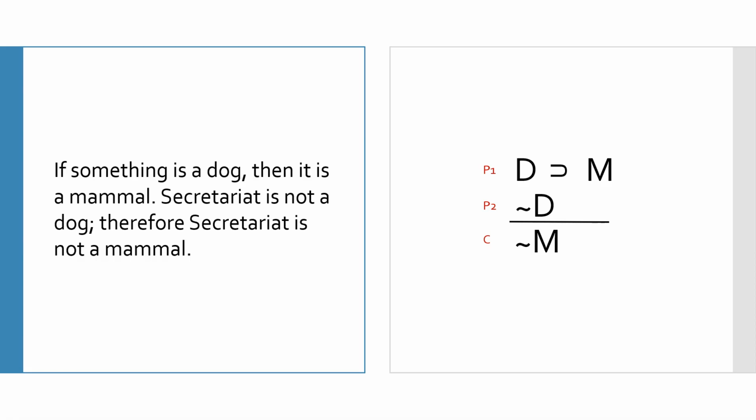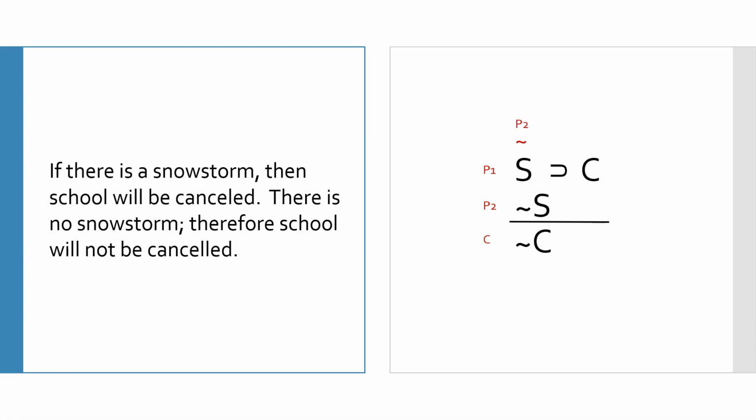Mammal is a much larger category, and it includes things like human beings, cats, horses, and so on. And so just proving it's not a dog is insufficient to show us logically and necessarily that it couldn't also be a mammal as well. Even if it turns out that it's not a mammal, it doesn't logically follow from this evidence. So notice what we're looking for in this particular example.